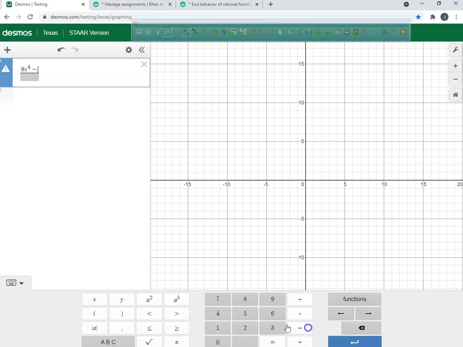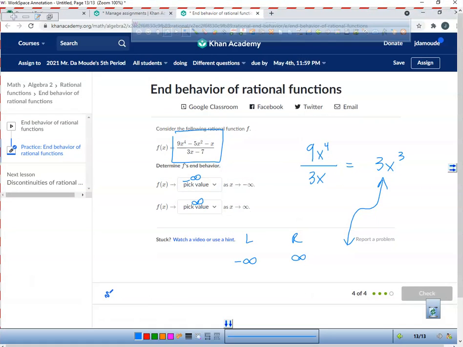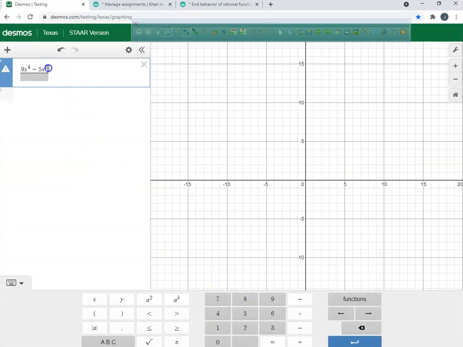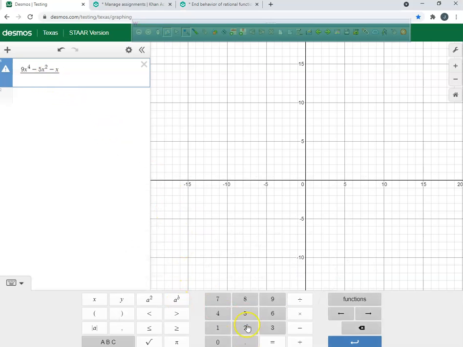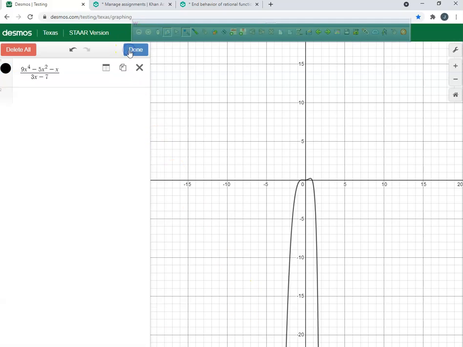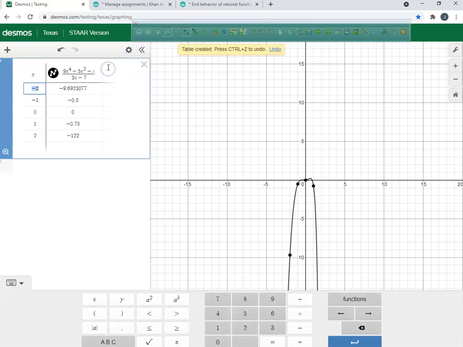And then it was what? Was it minus 5x squared? Minus x. And what's in the denominator? 3x minus 7? Okay. So you could just type it in, guys, and hit edit.